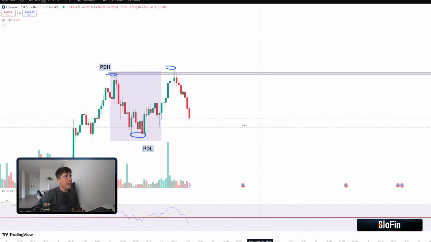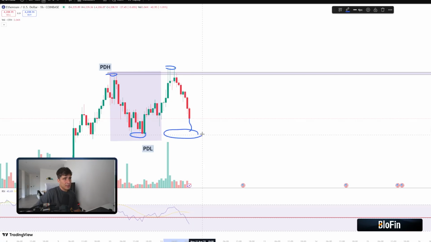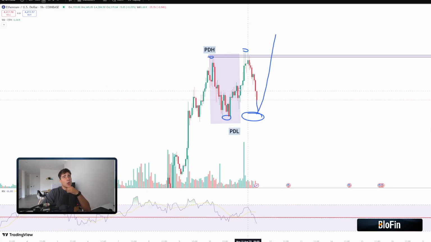Here maybe I would open a long, especially considering we may be going to this zone here and taking the liquidity to make new highs. We have seen a rejection here, and the price is going down to the PDL. But given the trend, I don't think the price is going to break it down.